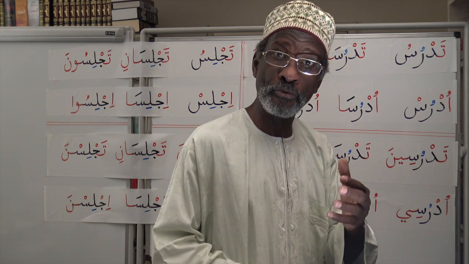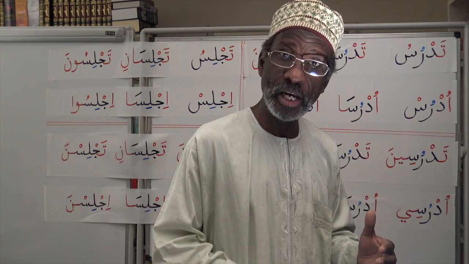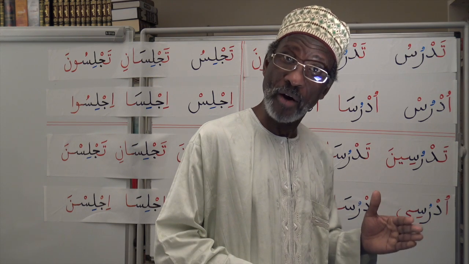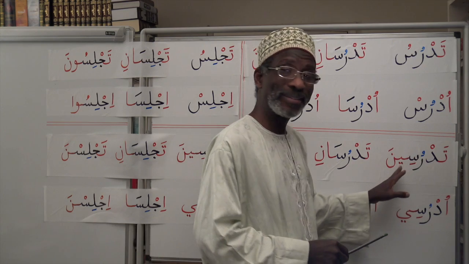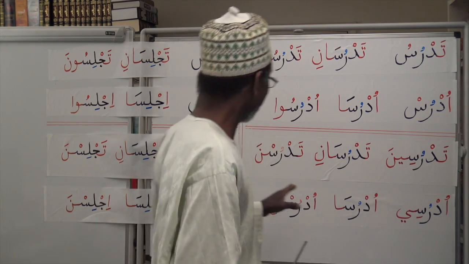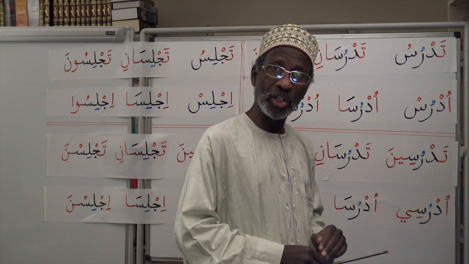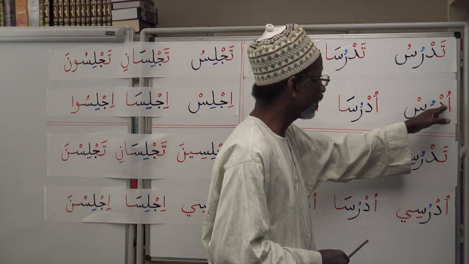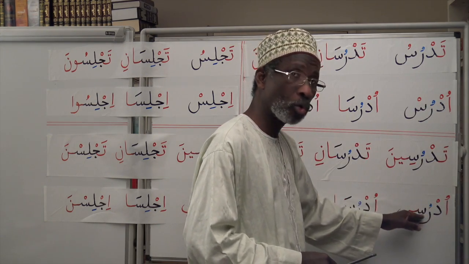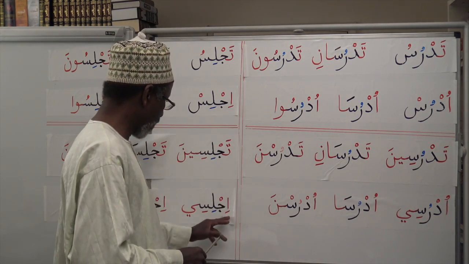Now, let's move to the feminine. When you are speaking to a single female in the present tense, remember, we covered that already, you say ina ending, so tadrusina, tajlisina, and so on. When you are giving the instruction in your imperative to a single female in front of you, the starting point is the same: udrus, ijlis.